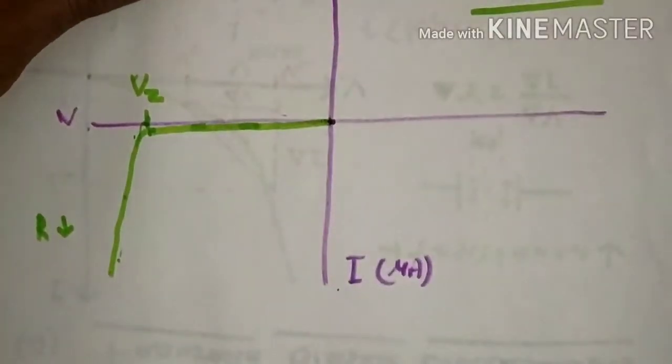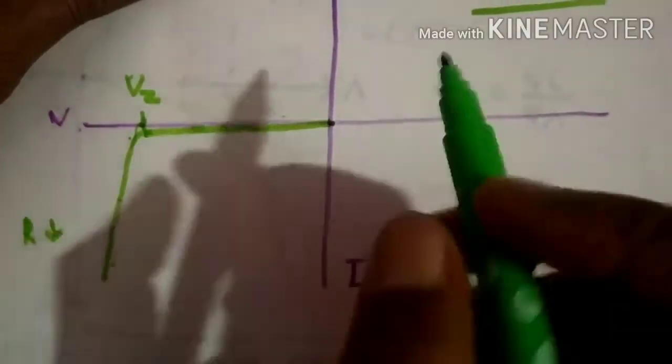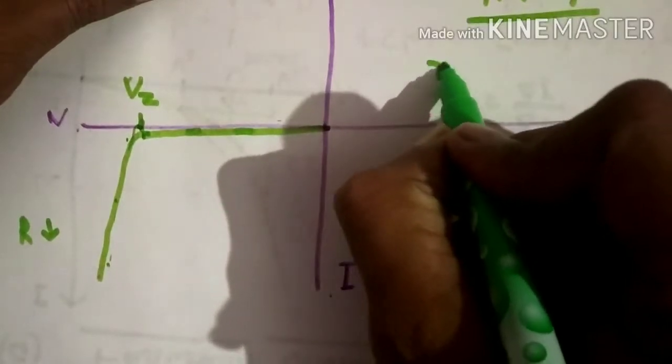Again, how to find this resistance? Resistance is also not straight, resistance is also not constant. So how to find the resistance? There will be a dynamic resistance.